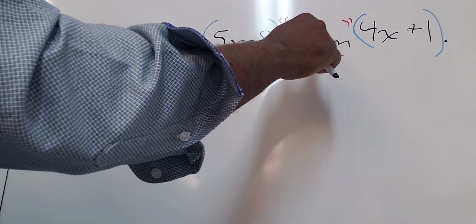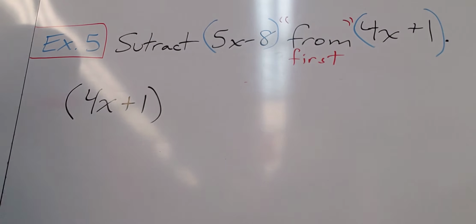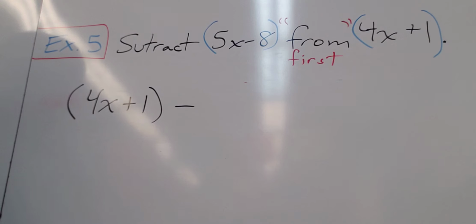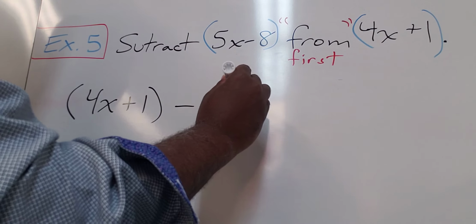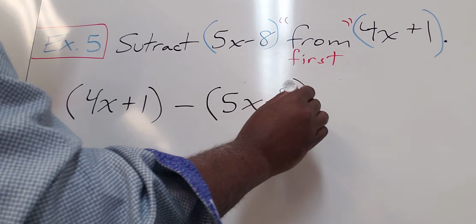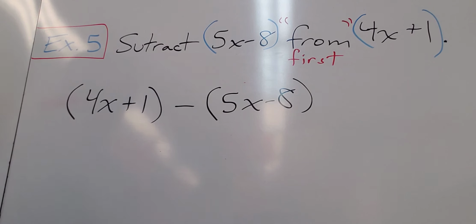What you're subtracting from is going to go first. So it's 4x plus 1. Then we're going to subtract the 5x minus 8. Go ahead and hit pause and copy down that first step.